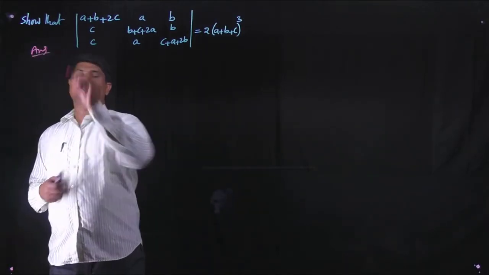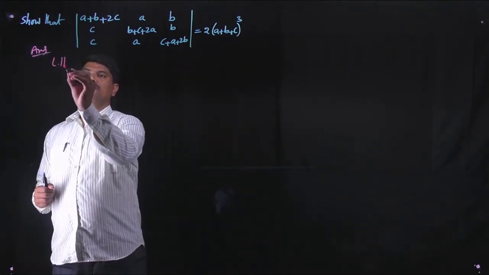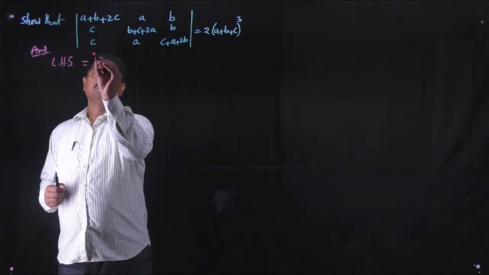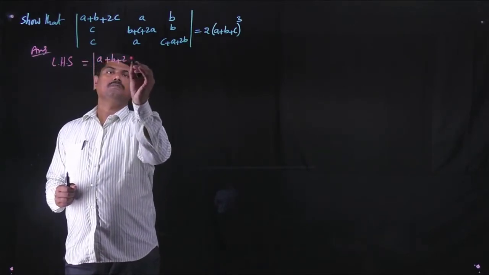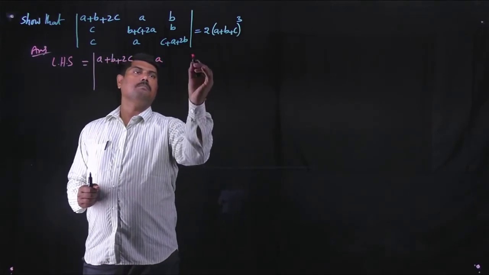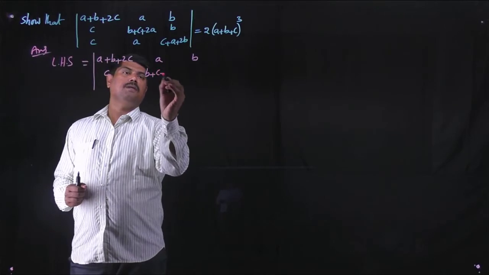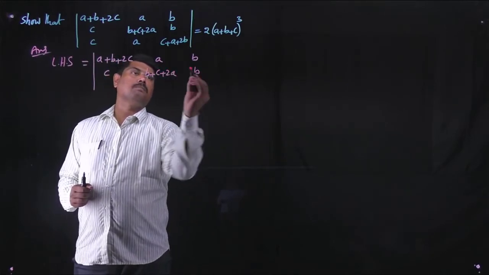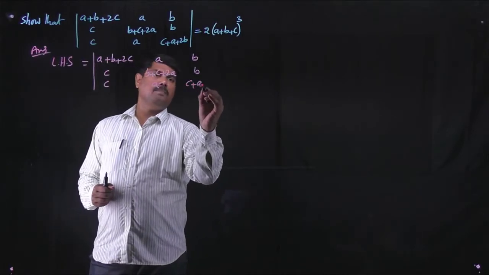These problems are generally proved by considering the LHS value. So the LHS value is the determinant with rows a plus b plus 2c, a, b; c, b plus c plus 2a, b; c, a, c plus a plus 2b.